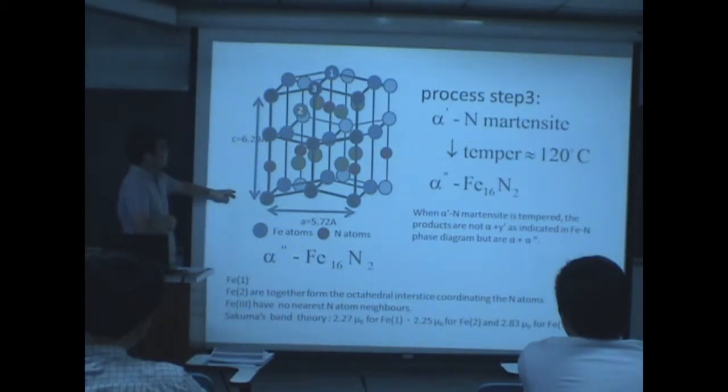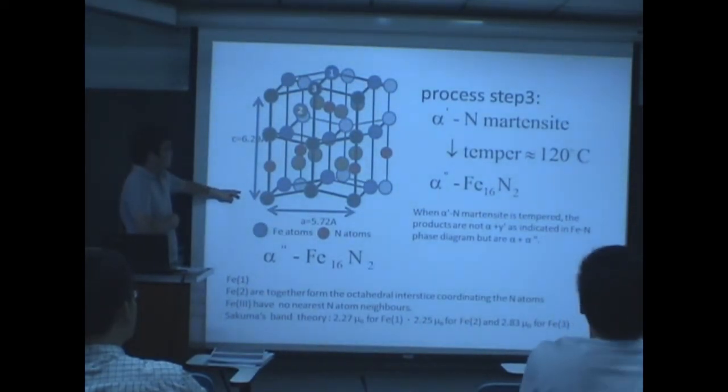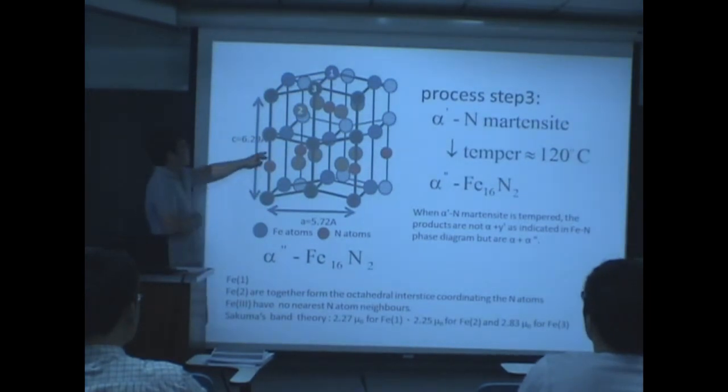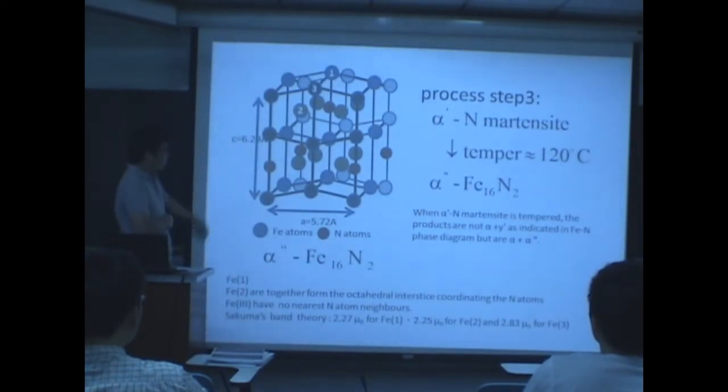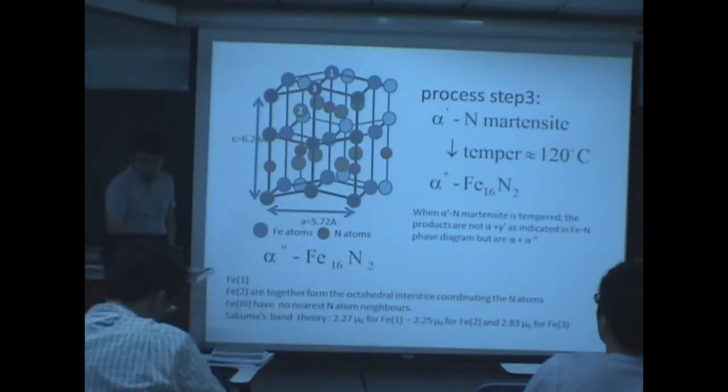Basically, alpha-double-prime is a BCT structure composed of BCC unit cells. And iron atoms are in three different types of crystallographic sites, designated as 1, 2, and 3. Iron in different sites may have different magnetic moments, as shown by the density functional theory calculation.